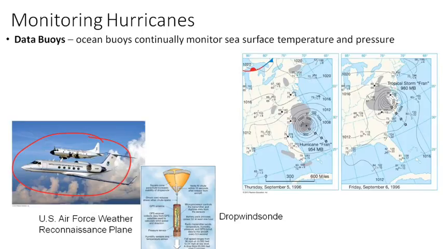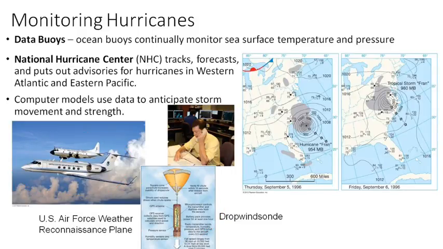But they can also drop these dropwindsondes, which is kind of the opposite of a weather balloon, if you're familiar with those. They drop them into the cloud, and they can send back lots of information, including wind speed, direction, pressure, and temperature, that will tell people what's going on within the storm.